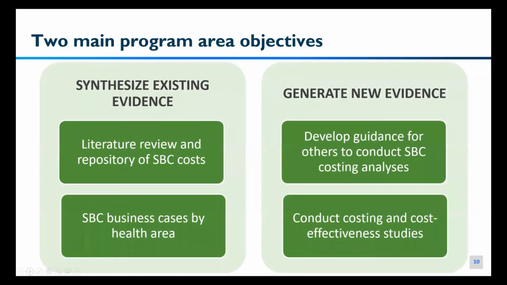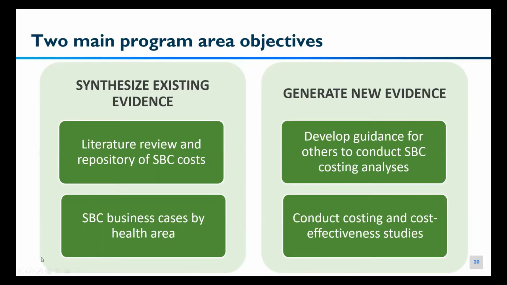So there have been two main areas that Breakthrough Research has been focusing on with respect to costing and cost effectiveness. First, we synthesized existing evidence, and we did that through both doing a literature review and then building a repository of costs. And then we also have implemented both the costs and the impacts found in the reviews to construct SBC business cases by health area.